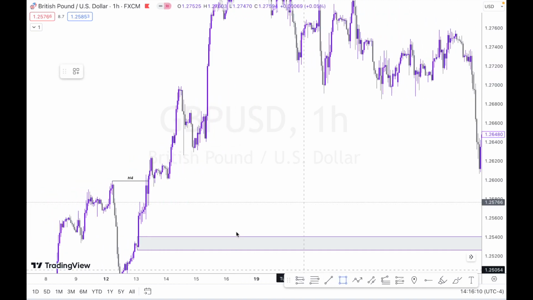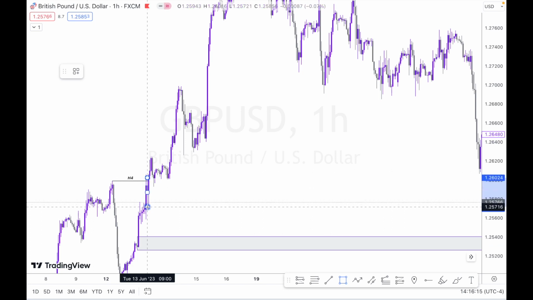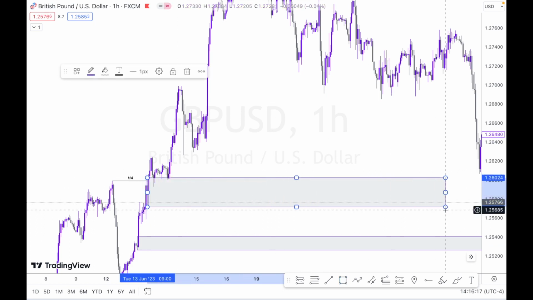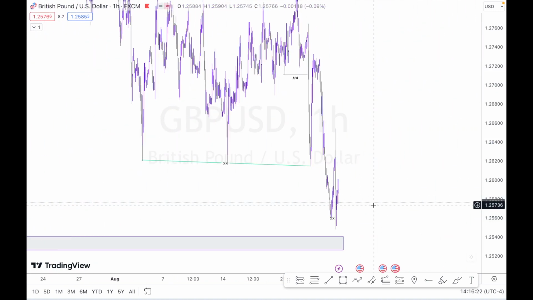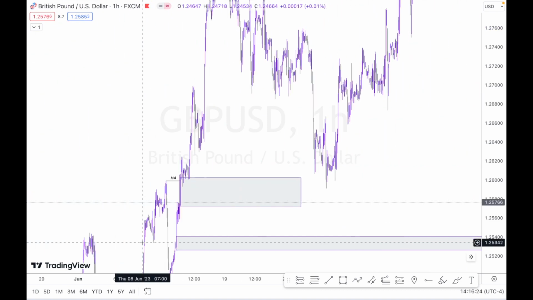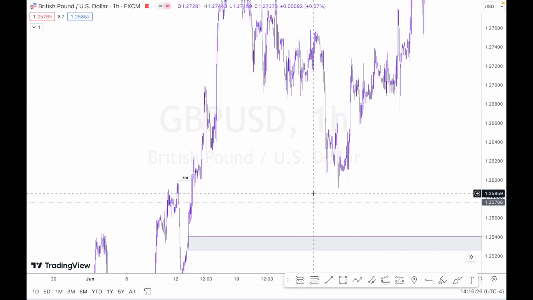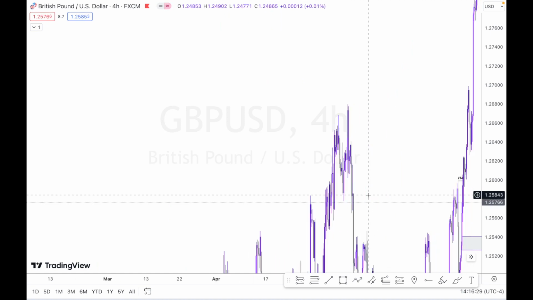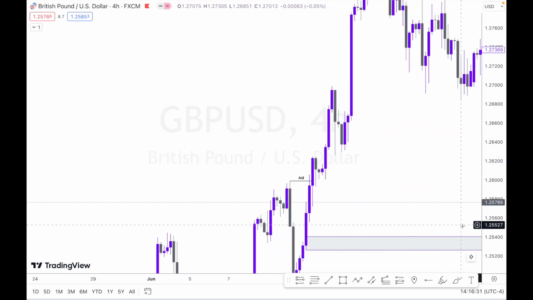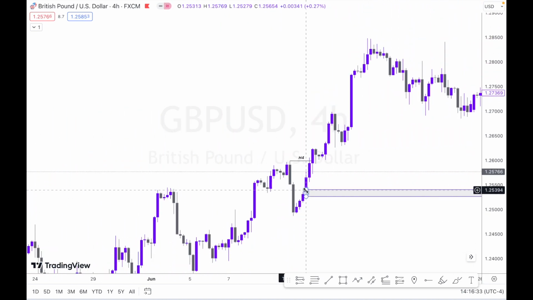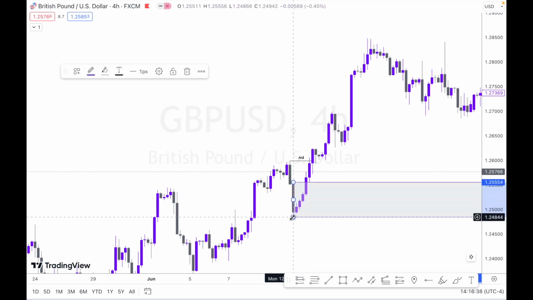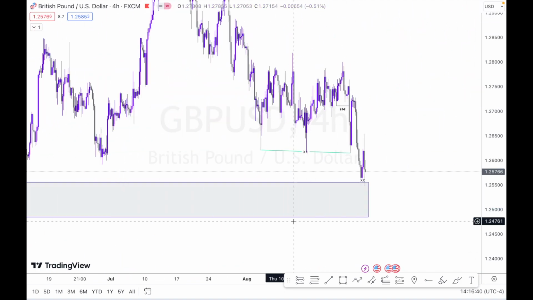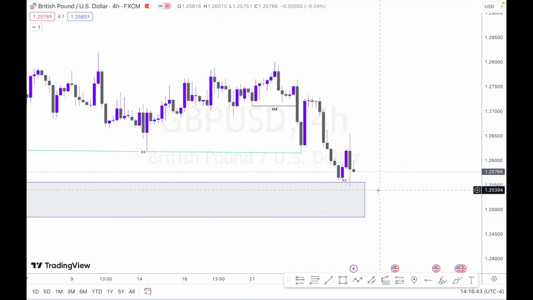I mean, that zone pushed it, but we also have a zone here that also pushed it, but it was mitigated here. And price broke it here. So no, this is not a zone. I'm gonna just keep this 4-hour zone on here, because when I drop it down to the 1 hour, it looks a little crazy. So now this zone has been tapped into.